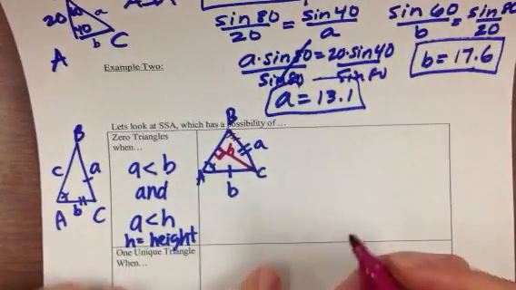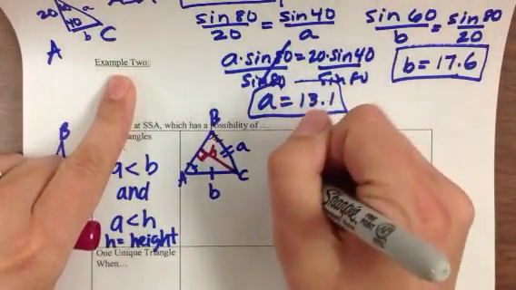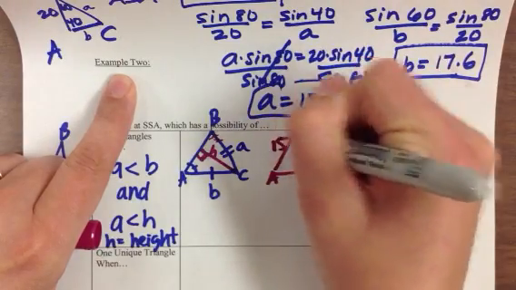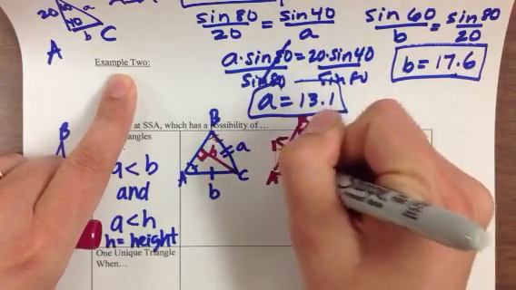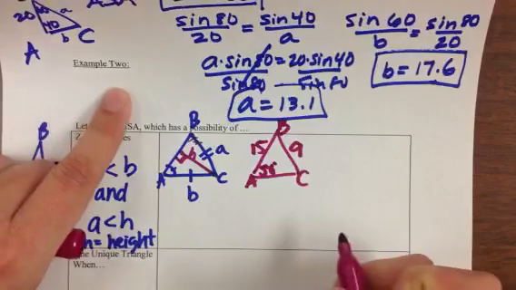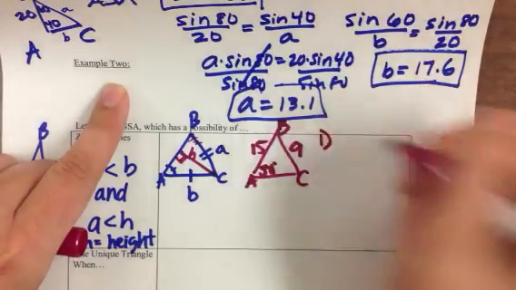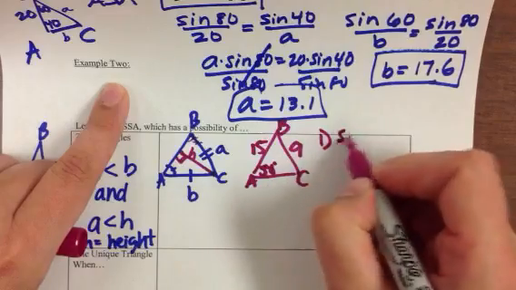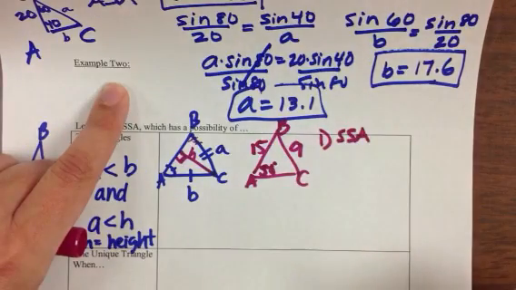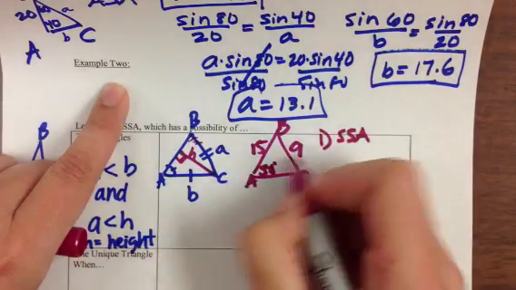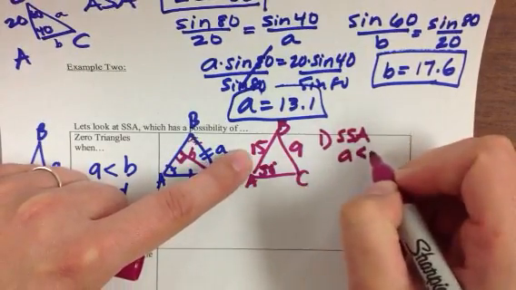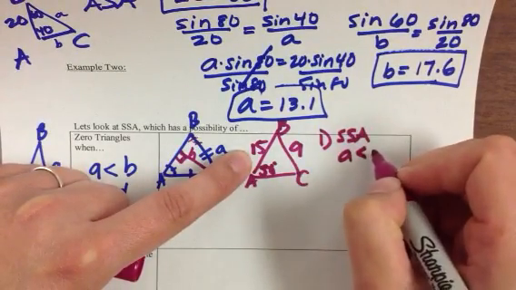So let's actually give an example a try. We'll call this 50. Okay, so step 1. What type of triangle do I have? I have side, side, angle. Okay, and I know that the side opposite the given angle, A, is smaller than the other given side.